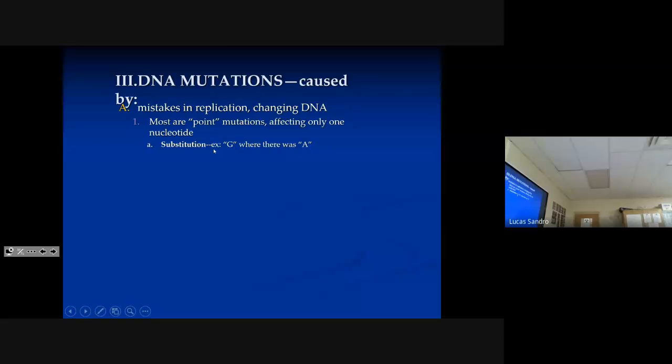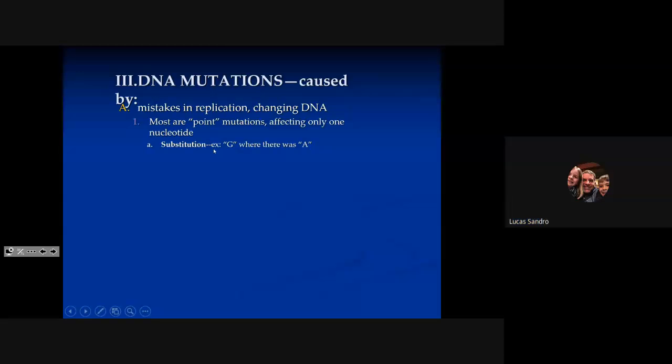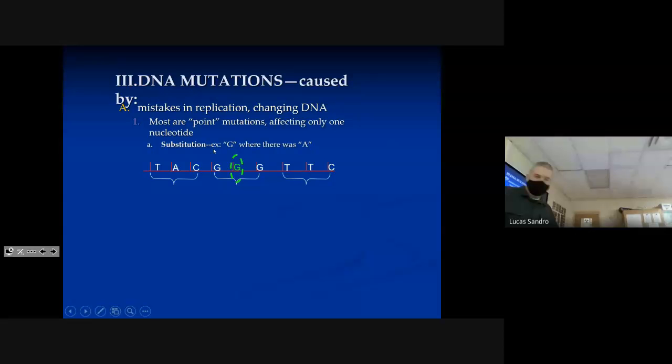As an example, we're going to use the DNA that we started with, minus the stuff we cut out of the mRNA. So we're going to say, for this mutation, that there's a G where there used to be an A. So it was an A, now it's a G. Draw that, and then get your secret decoder wheel out.